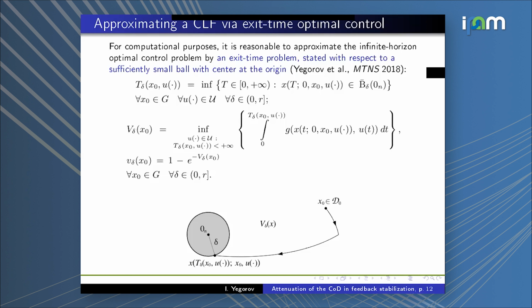And now this is an exit time problem. So the time horizon is not fixed. Also, the time of reaching this ball is unknown. We have to find it in this optimization problem, but it's not infinite. So this can be treated numerically.